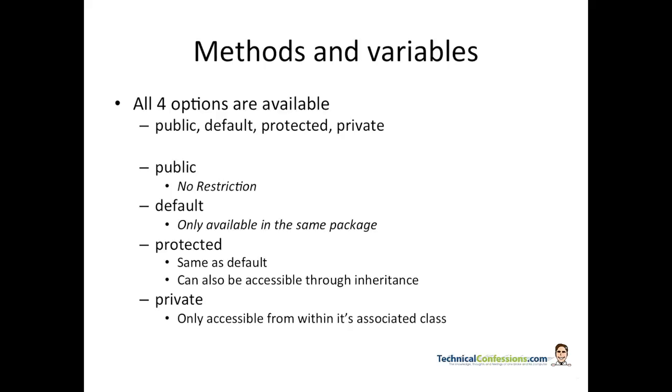When it's private, only the class that the method or variable is associated with can access it. So if it's set as private within the class, no other class is going to be able to access that method or variable.